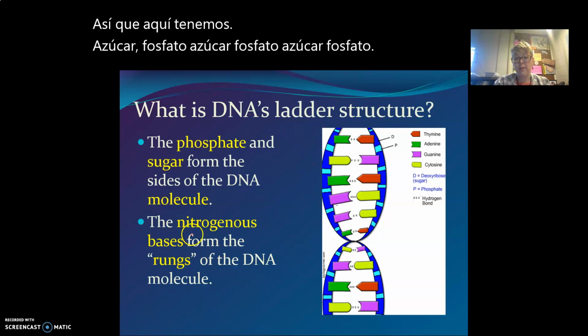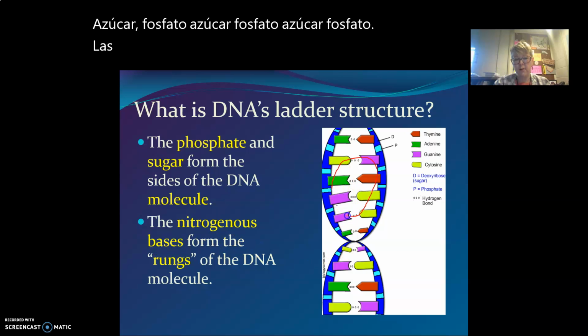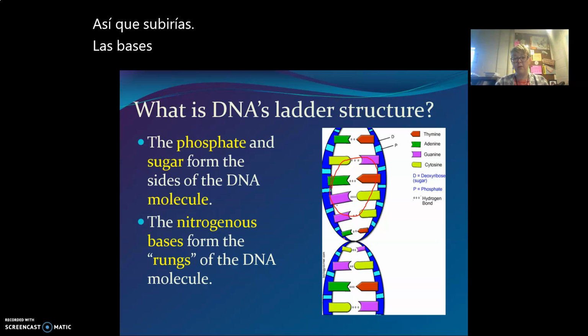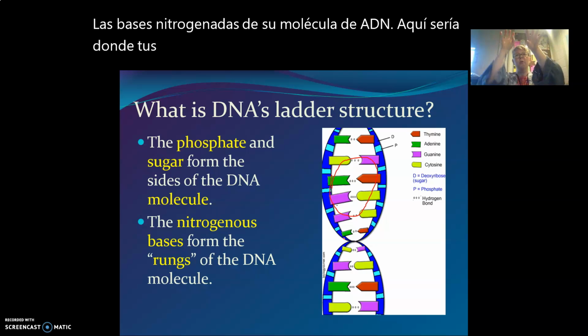The nitrogenous bases form the rungs of the ladder. So you would climb up the nitrogenous bases of your DNA molecule. This would be where your hands and your feet would go as you go up the ladder.